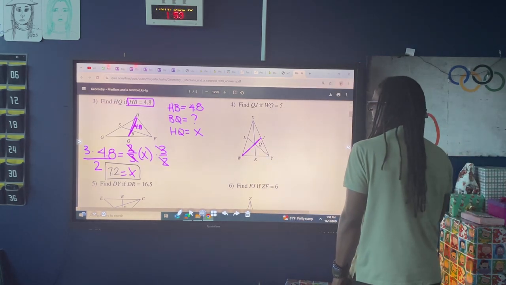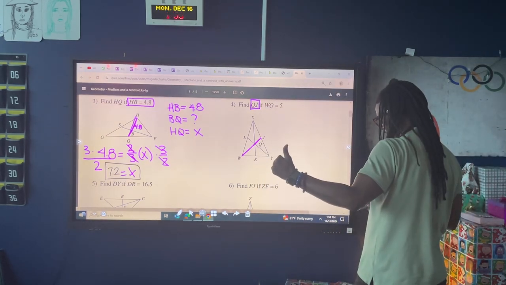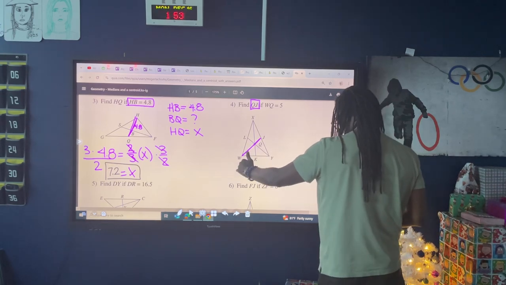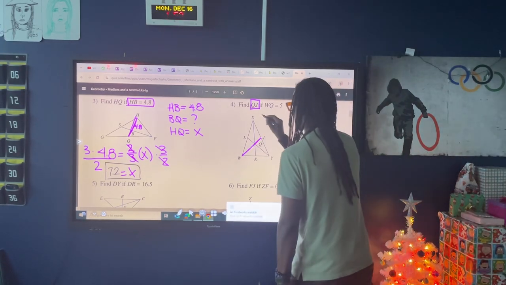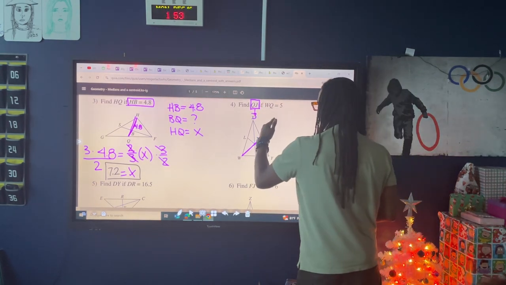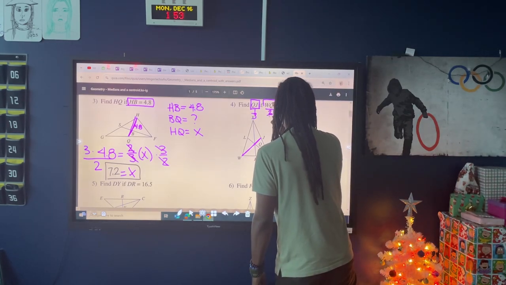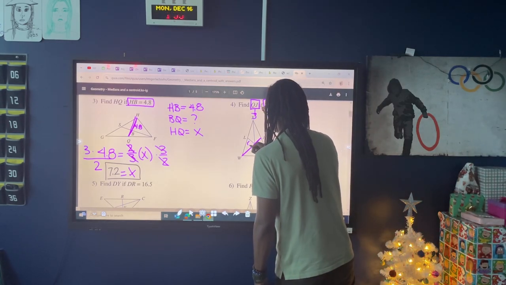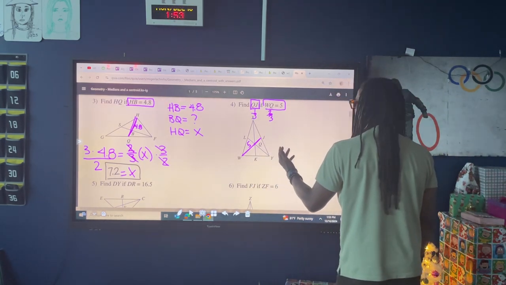We are here. We have to find QJ, which is what fraction of it? QJ is only 1/3 of it. They gave you 2/3 of it. They gave you WQ is 5. We've got to find the rest.